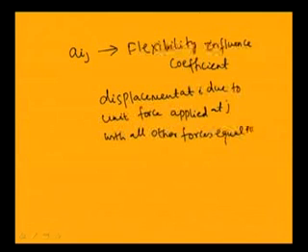So this flexibility influence coefficient Aij is defined as the displacement at i due to unit force applied at j while other forces are 0.